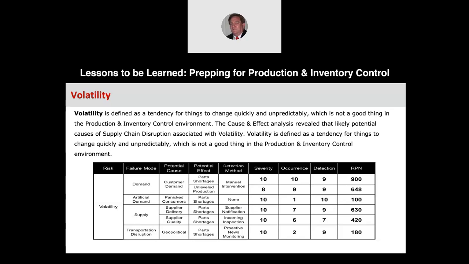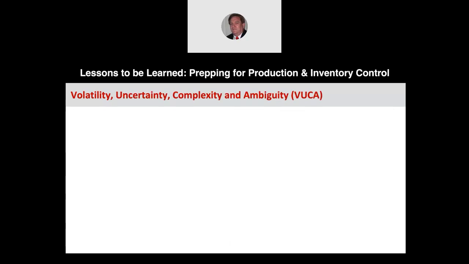We'll go through this in detail, how we will account for that in safety stock. So top priority here is demand volatility and the part shortages that it creates. The second highest one is the same demand volatility and unlevel production, and then the supplier volatility. All three of these we will definitely address in our safety stock calculation.